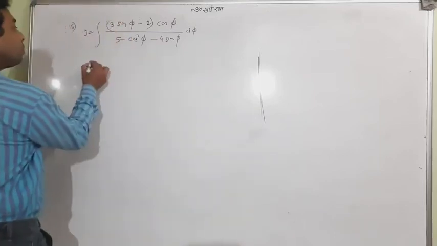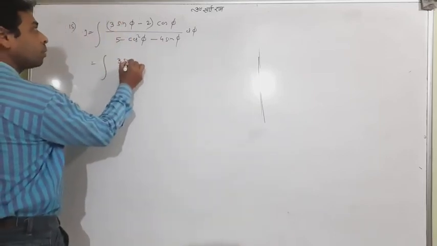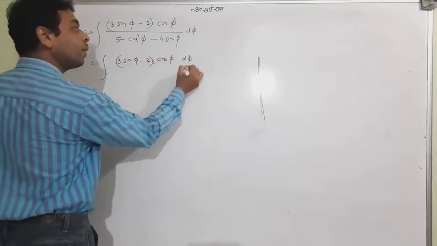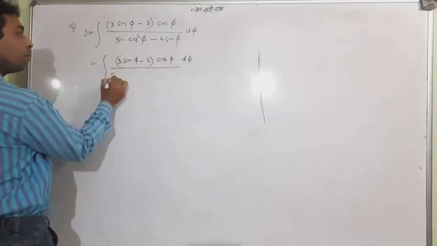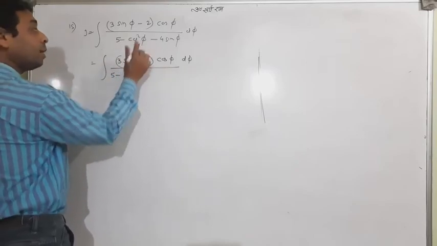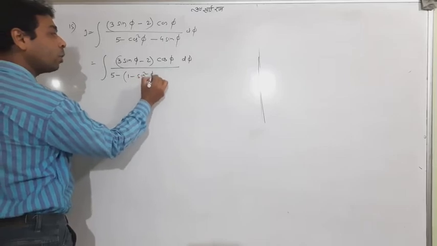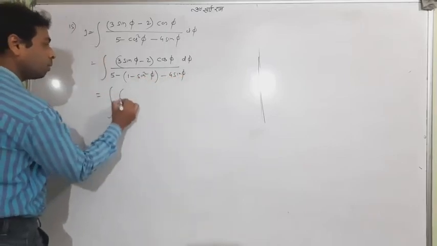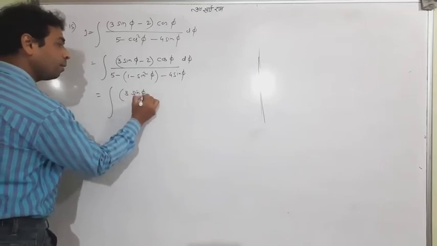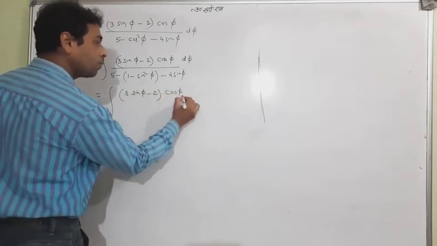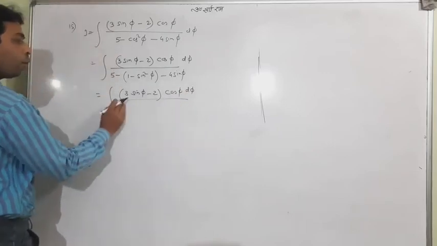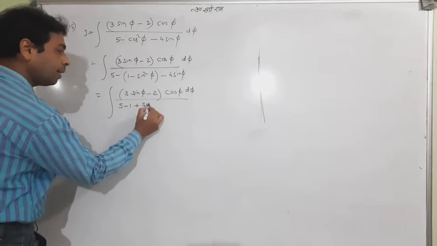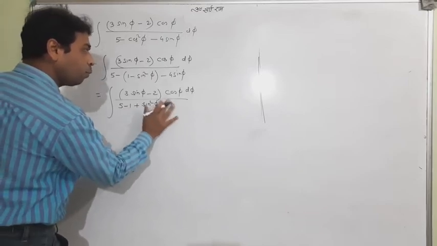So what I'll do now, look at: 3 sine phi minus 2 cos phi d phi upon, cos square phi is 1 minus sine square phi, minus 4 sine phi. After that, 3 sine phi minus 2 cos phi d phi upon 5 minus, open the bracket, plus sine square phi, minus 4 sine phi.